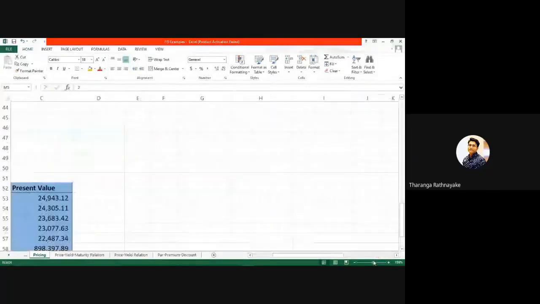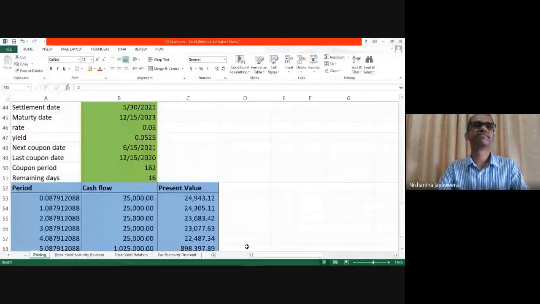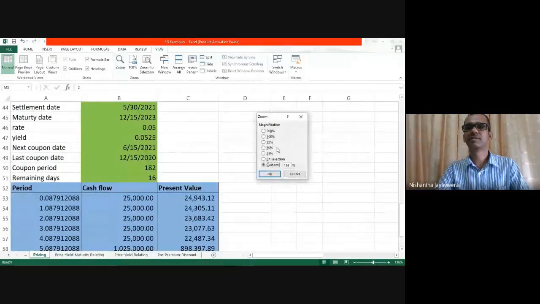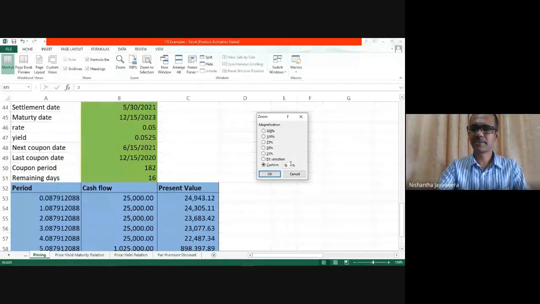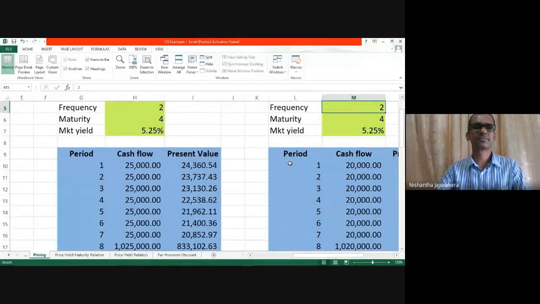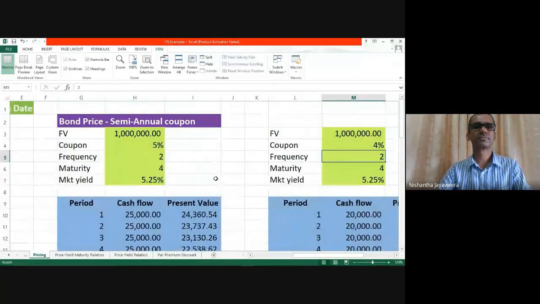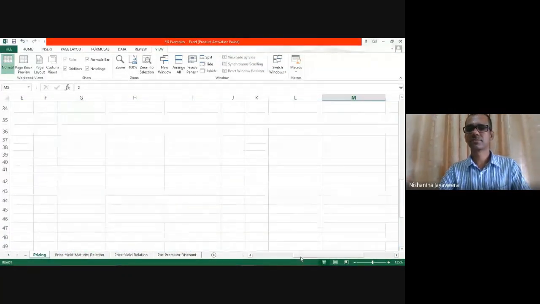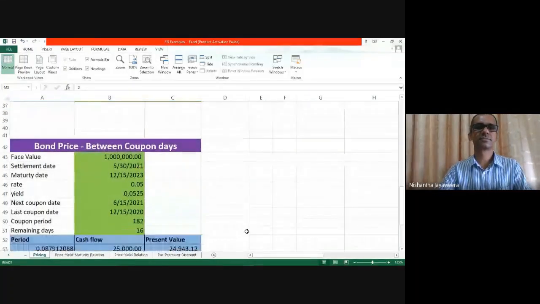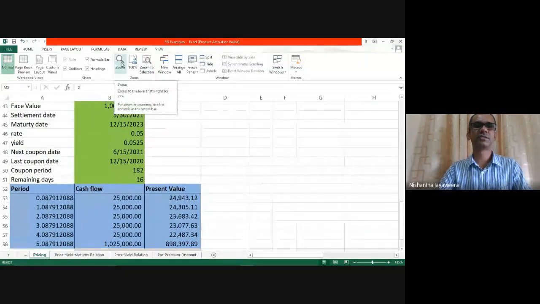So can we just zoom? Still too big, no? You can't see the whole thing.